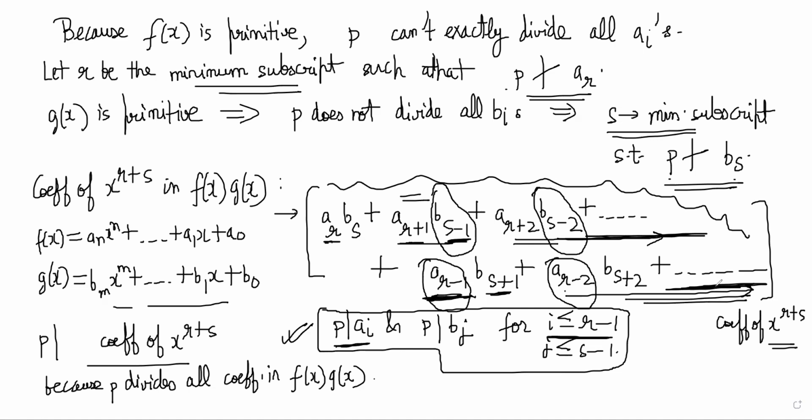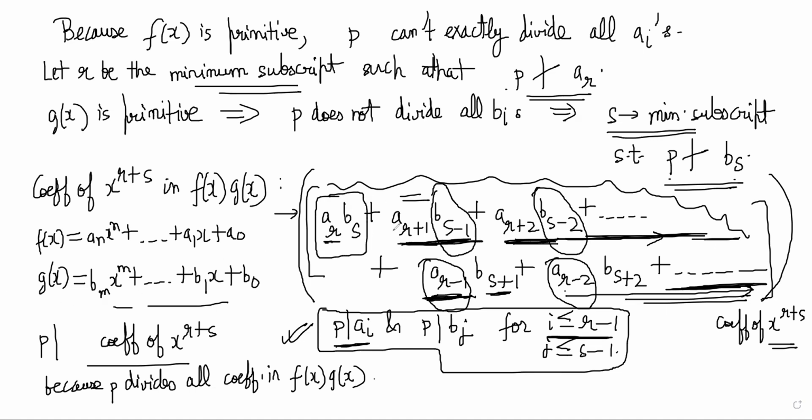So basically what we are getting is the overall term was divisible by p and all of the terms here are also divisible by p, which follows that a_r times b_s must be divisible by p.